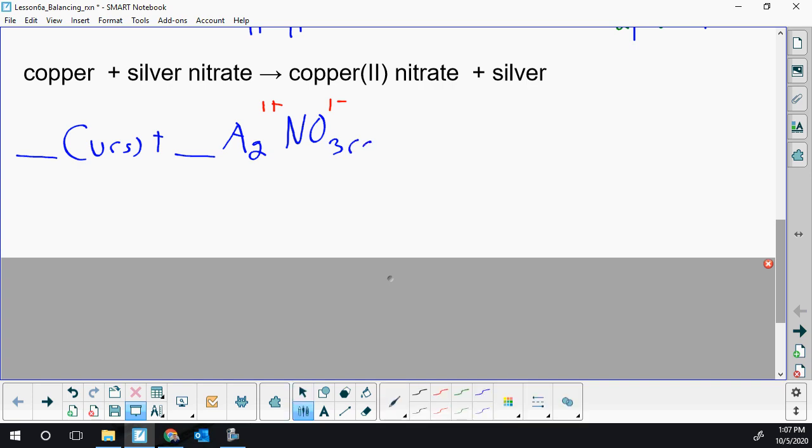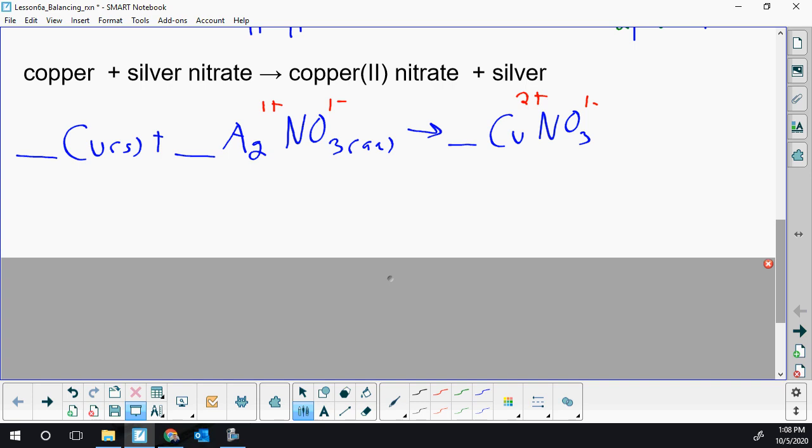No, I'm not going to look at the solubility table. I remember that all nitrates are aqueous. We're going to make copper 2 nitrate. Not sure how many. Copper. There's the nitrate again. This is 2 plus. That's 1 minus. That's not balanced. The lowest common multiple between 2 and 1 is 2. So I want +2 and I want -2.